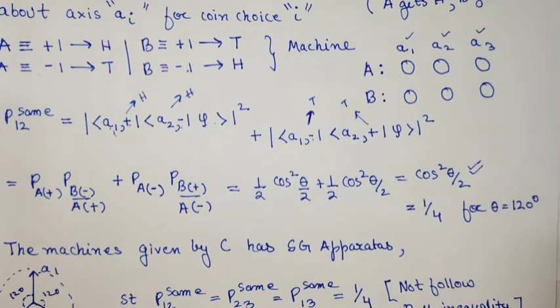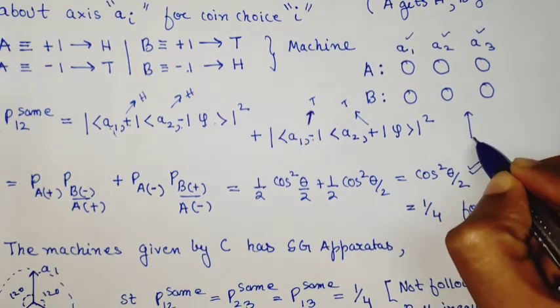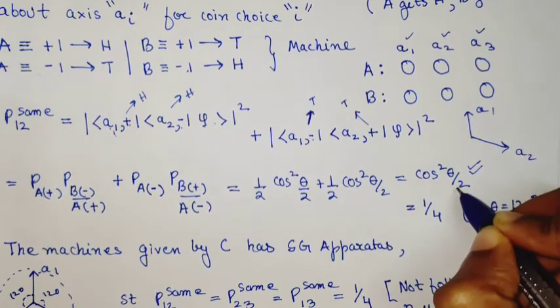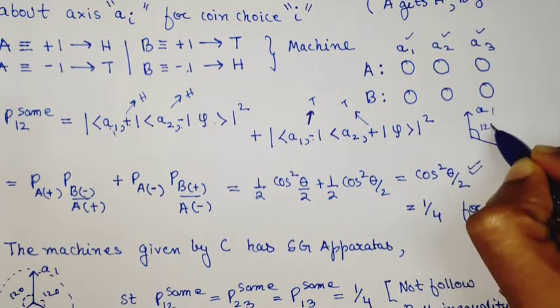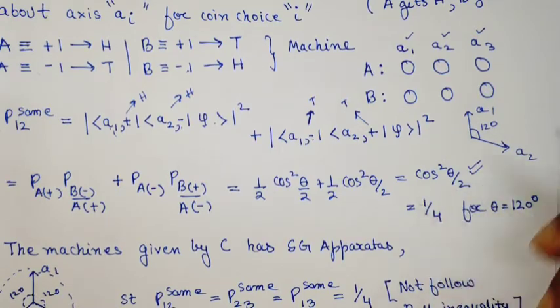And now all we need to do is fix the axis orientation that Charlie must have fixed beforehand. A1 and A2 are the two Stern-Gerlach axes oriented at 120 degrees, so that 120 by 2 is 60 degrees, and that gives us 1 by 4.